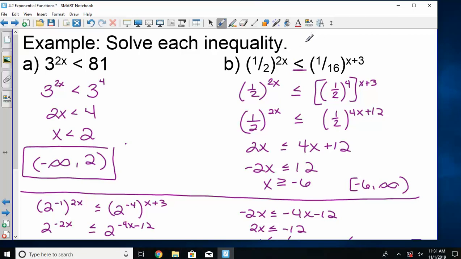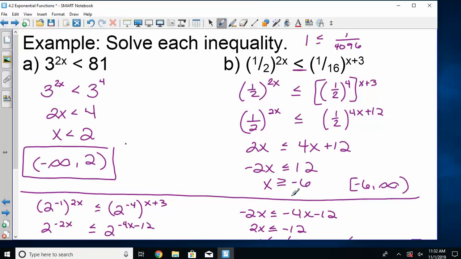1/2 to the 2 times 0, so 1/2 to the 0 power is 1. Okay, this would be 1/16 to the 3rd, or 1/4096. Is that true? Okay. Give me a number smaller than -6.